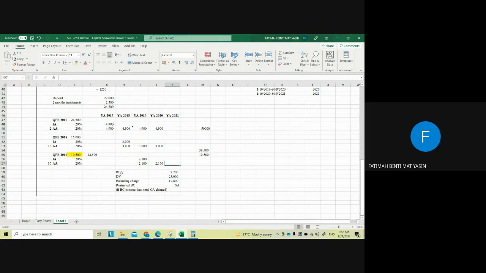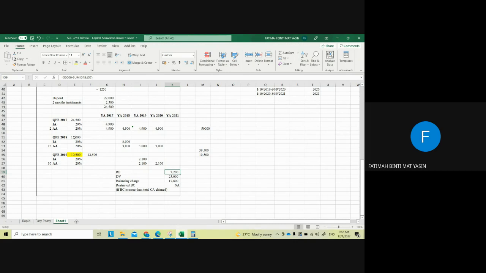So you need to know how much the residual expenditure is. To know the residual expenditure, you take the qualifying plant expenditure and minus the initial allowance and also the annual allowance that the company already claimed. In this case, the total QPE is 50,000 because that is basically the restriction.